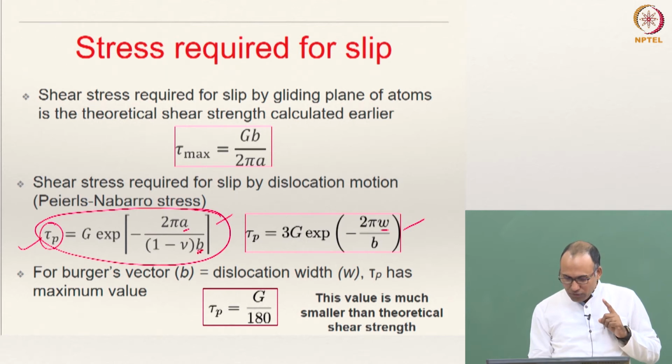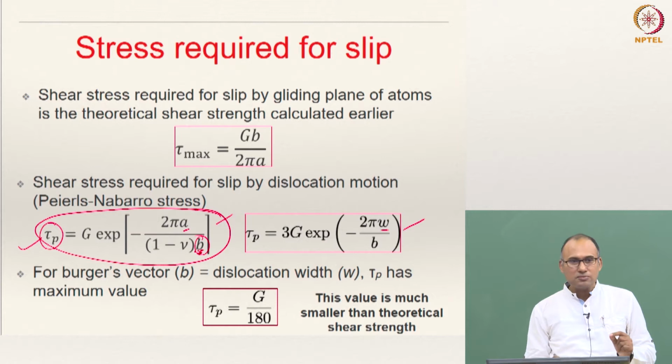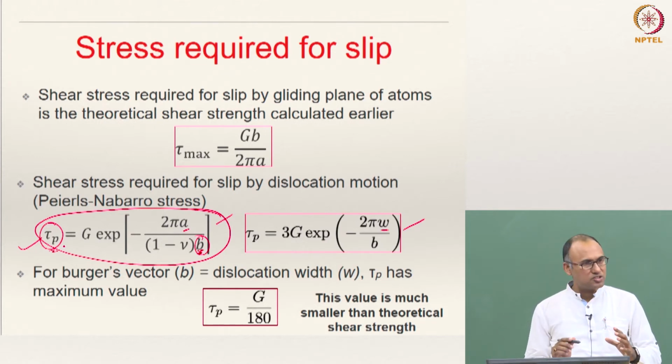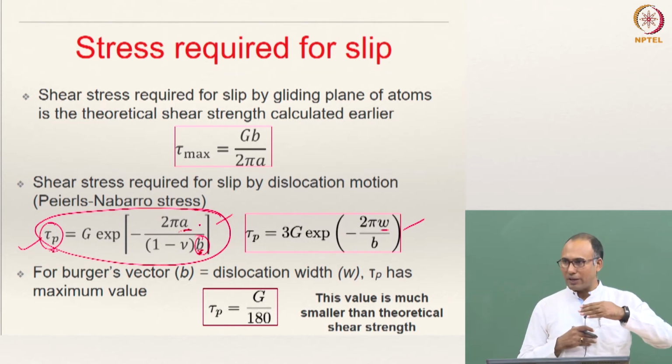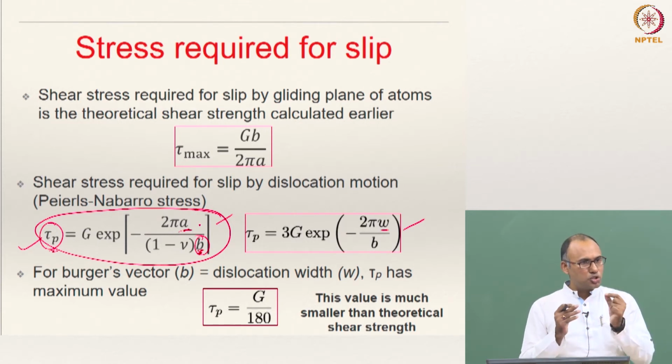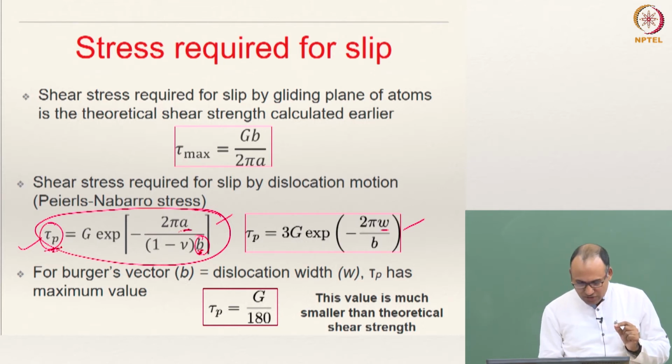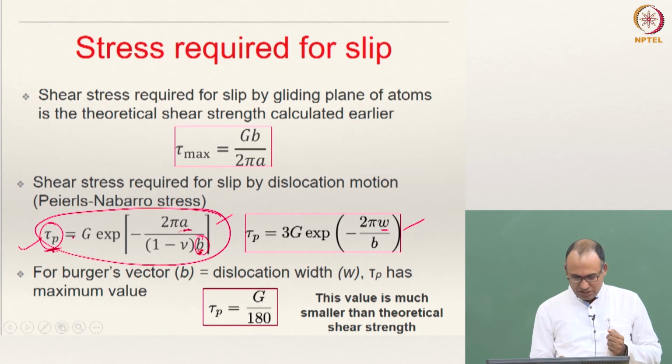Now if this interatomic distance becomes smaller, what happens to tau p? For a given interplanar spacing, say A is given, you should choose the minimum B such that this becomes minimum, because the negative sign is there.